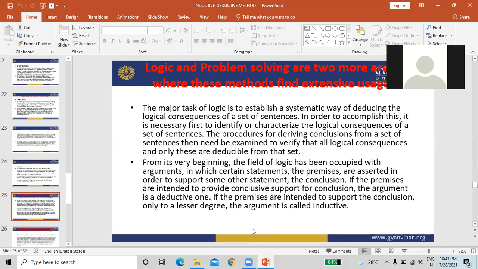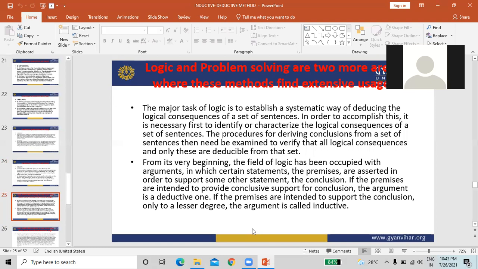Logic and problem solving are two more areas where this method finds extensive use. The major task of logic is to establish a systematic way of deducing the logical consequences of a set of sentences.